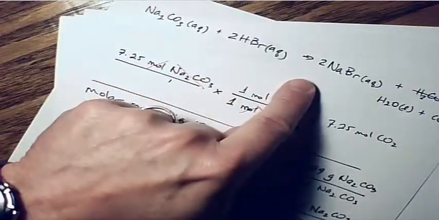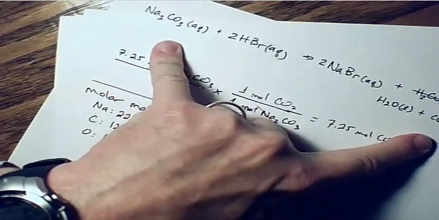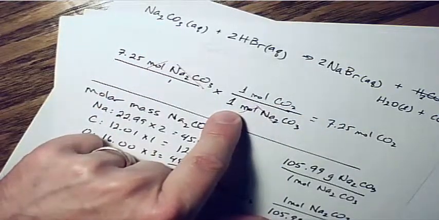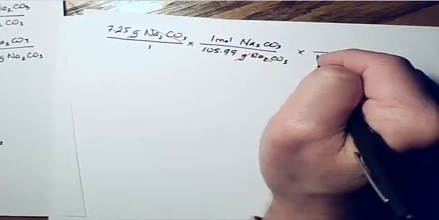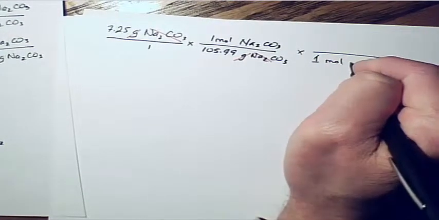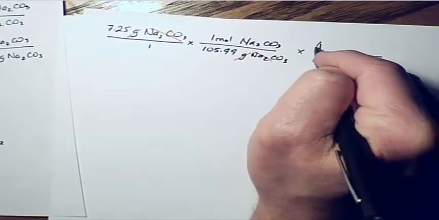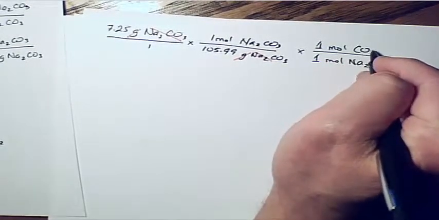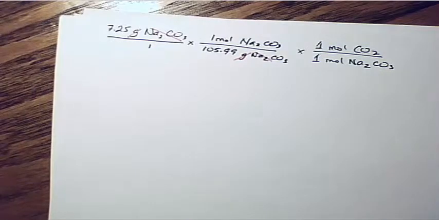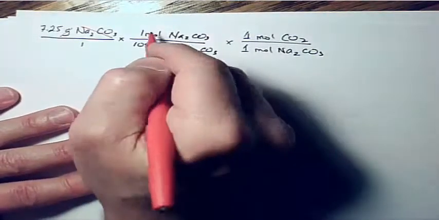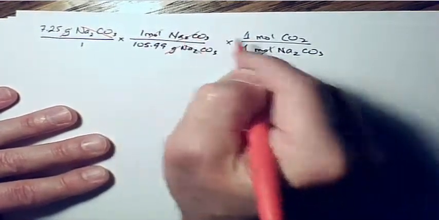There's our molar ratio from the balanced equation, right? 1 and 1. 1 mole Na2CO3, 1 mole CO2. Keep it simple. Cancel as you go.